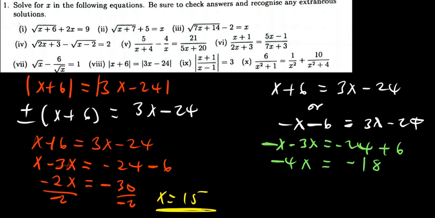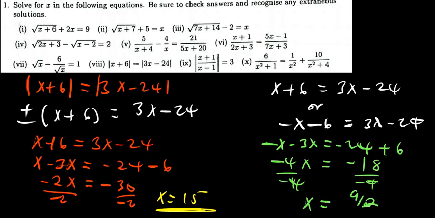So if I divide both sides by negative 4, my x will be equal to, negative and negative will cancel. So 2 into 18 is 9, 2 into 4 is 2, so my answer will be 9 over 2.